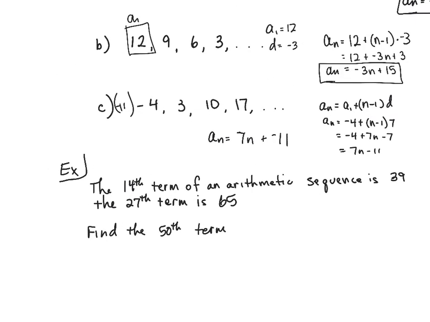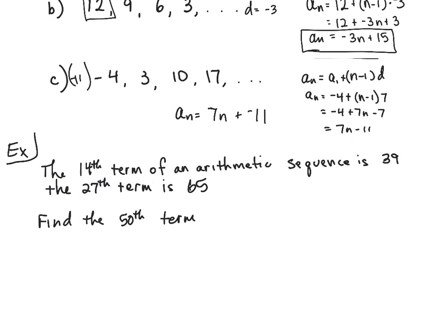So the 14th term of an arithmetic sequence is 39, and the 27th term is 65. We need to find the 50th term. And one of the keys here is that this is an arithmetic sequence, which means it has a common difference.